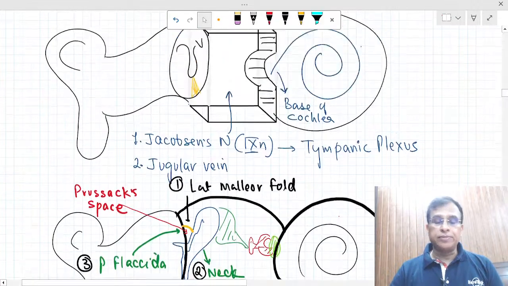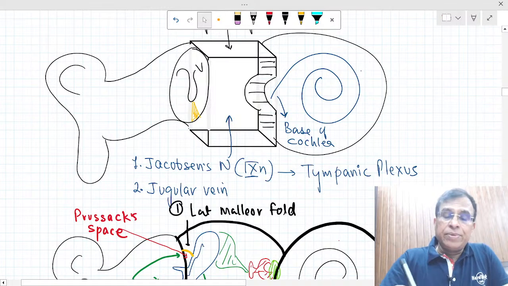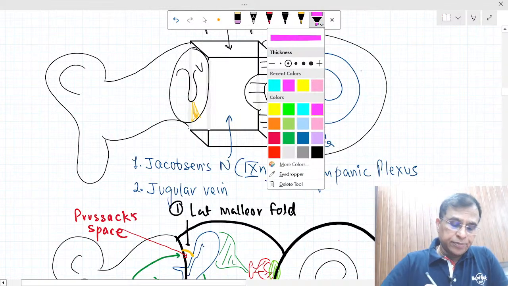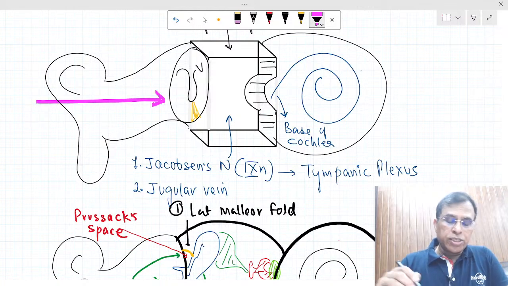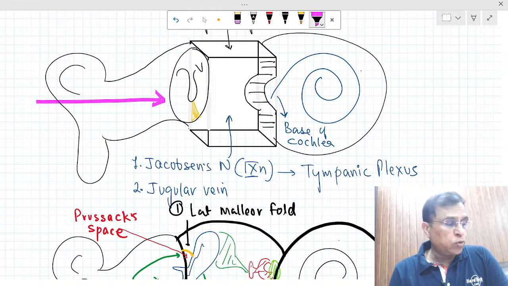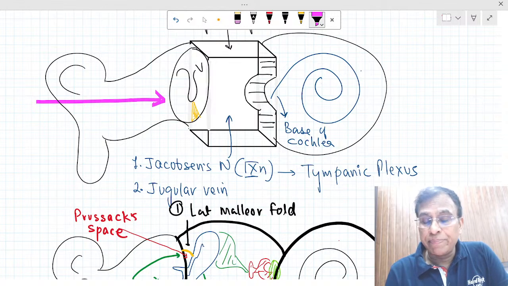Now tell me something. When I do otoscopic examination and look at the middle ear from outside like this, which is the only boundary of the middle ear that I can see? Obviously I can only see the tympanic membrane, which is the outer boundary. The rest are all obscured or hidden by the tympanic membrane, isn't it?